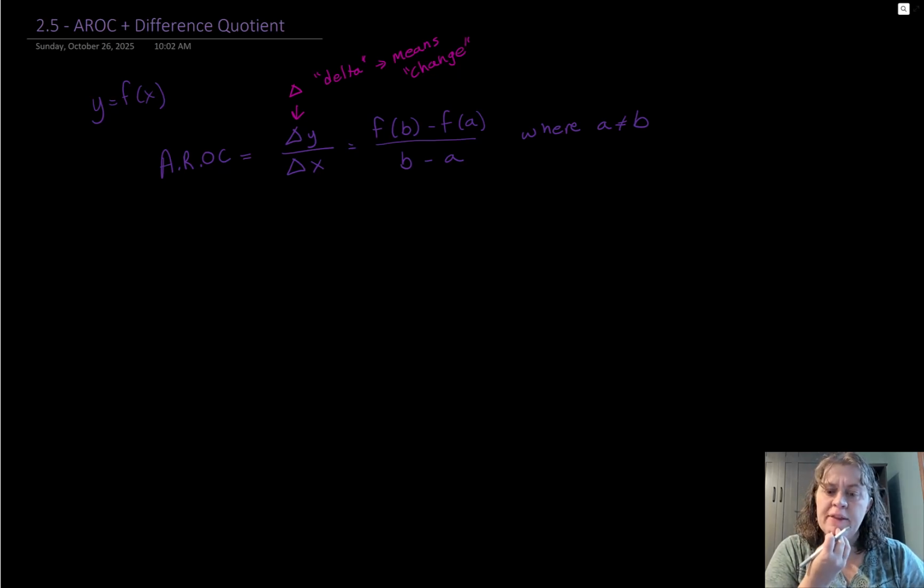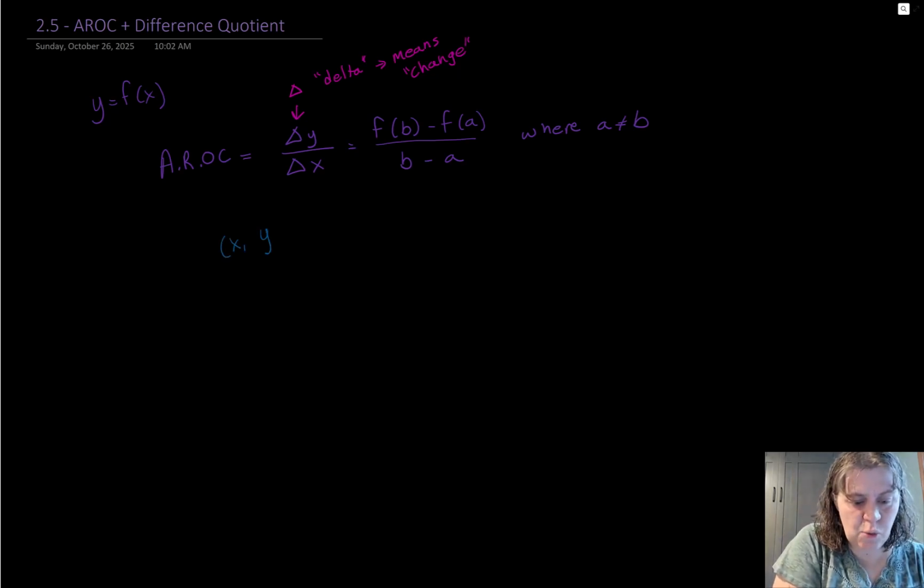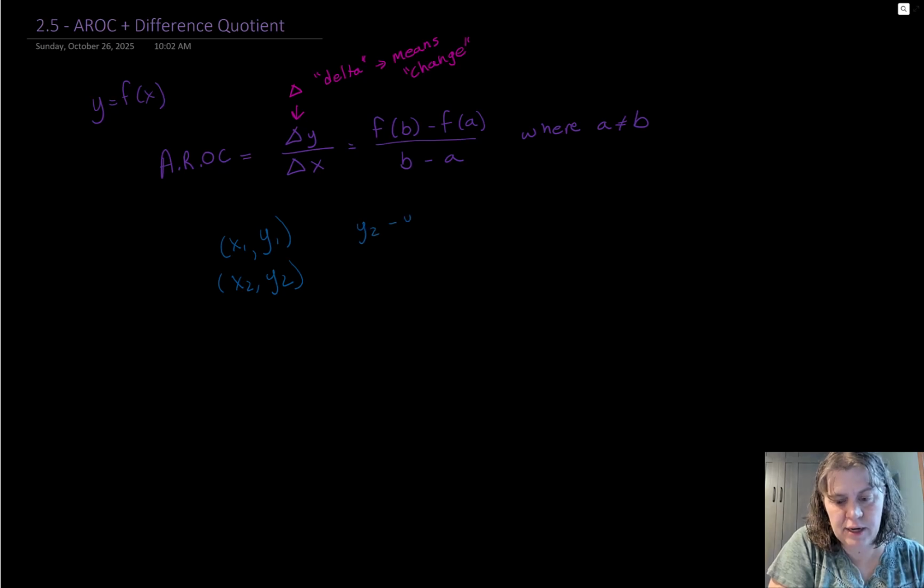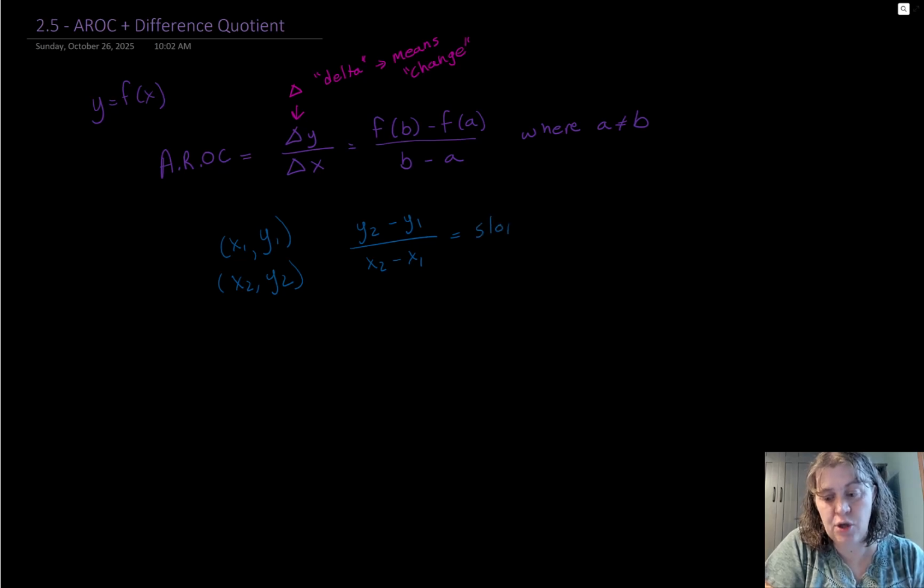Mrs. Norton, that formula right there looks suspiciously familiar. Oh, I'm glad you think so, because it used to look like this: we've got some point x1, y1, and then some other point x2, y2, and then we did y2 minus y1 over x2 minus x1, and we called this formula slope.